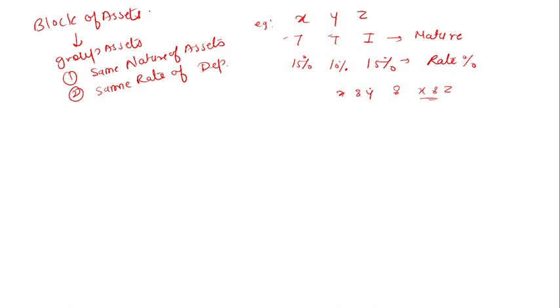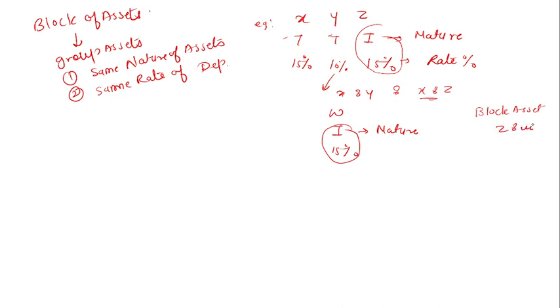If I take W, which is intangible in nature and has 15% depreciation, then in this case we can make a block of asset of Z and W.